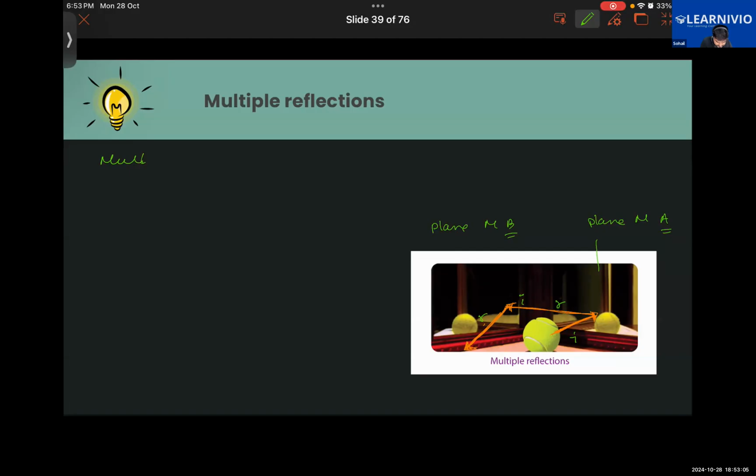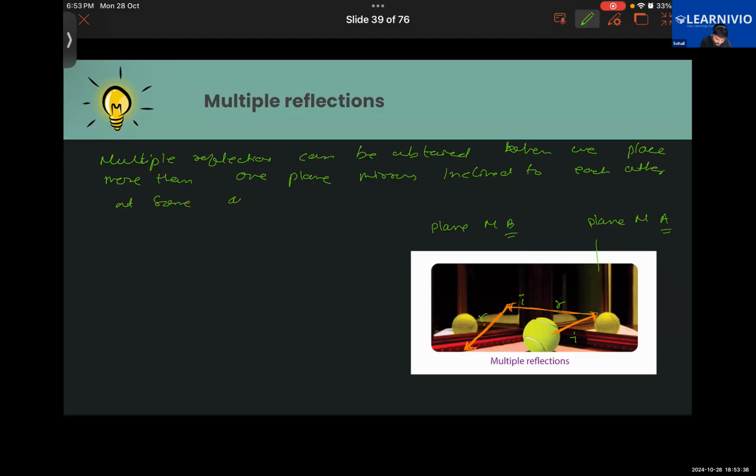So multiple reflections can be obtained when we place more than one plane mirror inclined to each other at some angle.